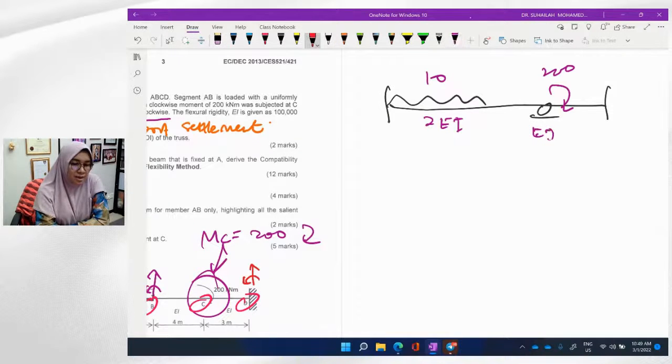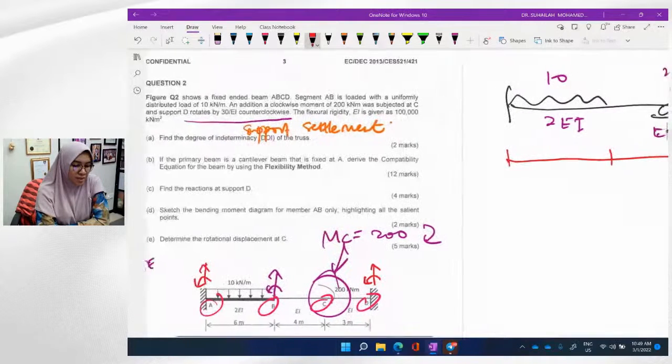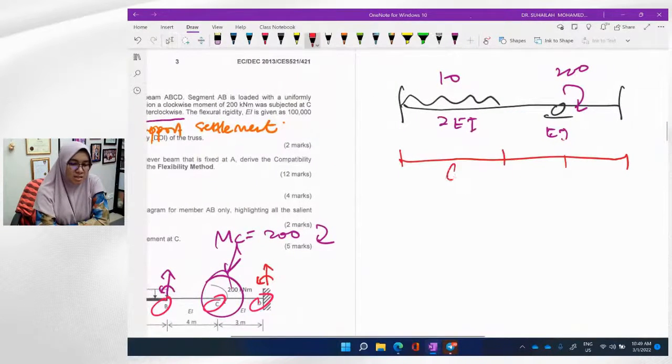And then for the length, we have 6, 4, 3. This is 6 meter, this is 4 meter, this is 3 meter.